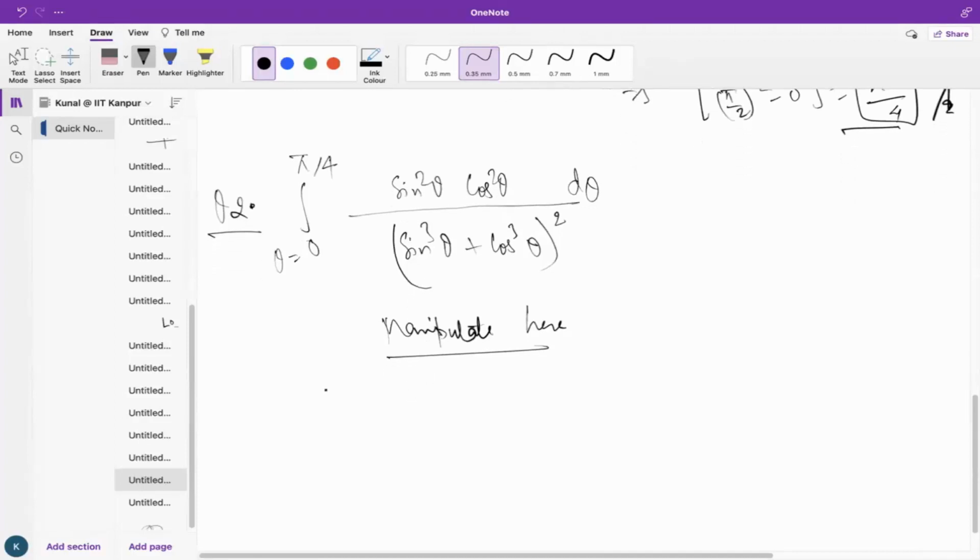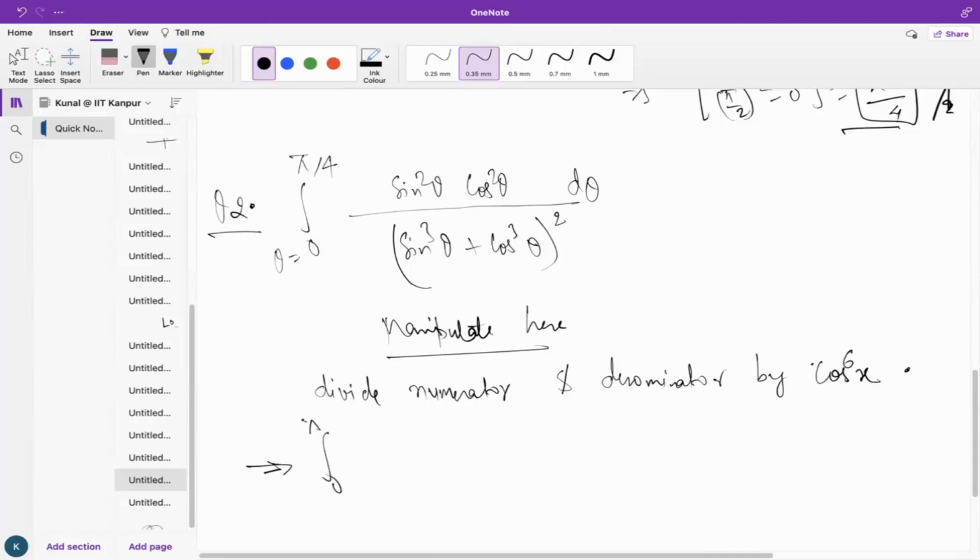So do one thing: divide numerator and denominator by cos to the power 6 theta. Do that. So what do we get?